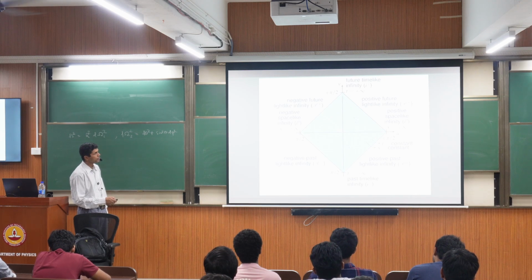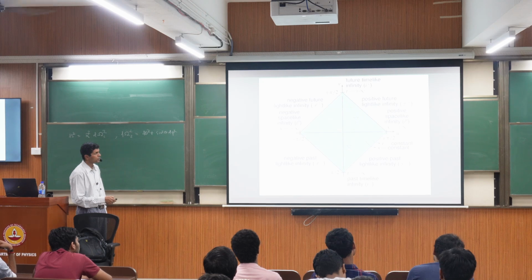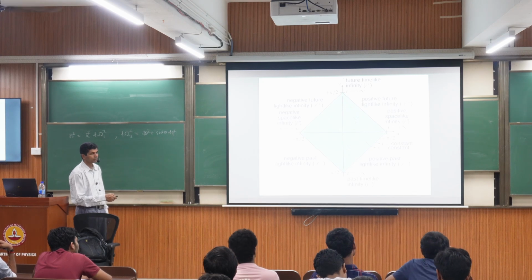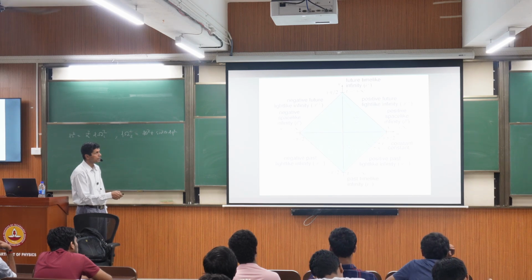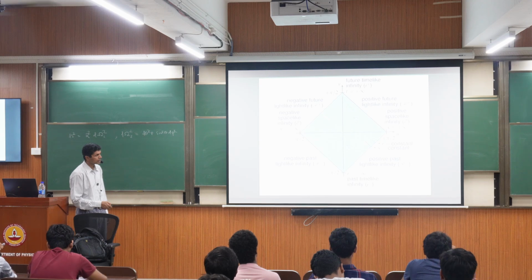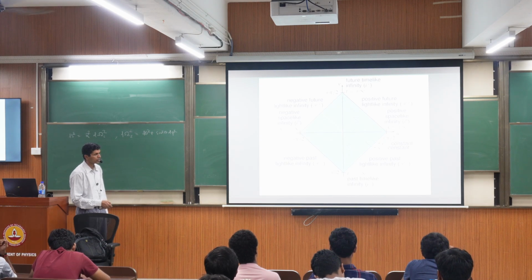Now you see, because light rays can go anywhere, as t goes to infinity, a light ray which starts from here can go to this place. So this chi plus is mapped to this entire region. Similarly, a light ray at past infinity can come from anywhere here. So chi minus is mapped into these two regions.